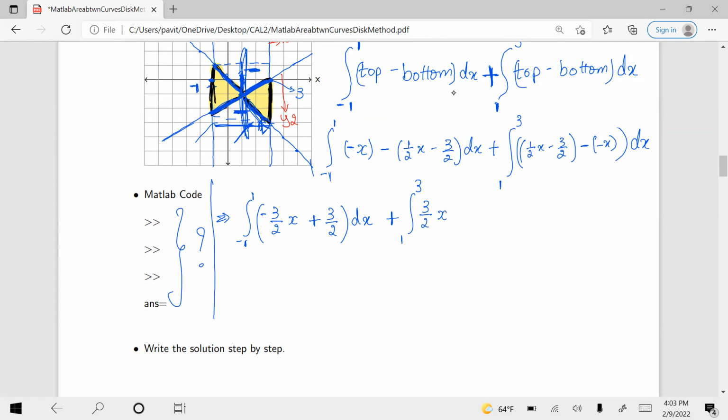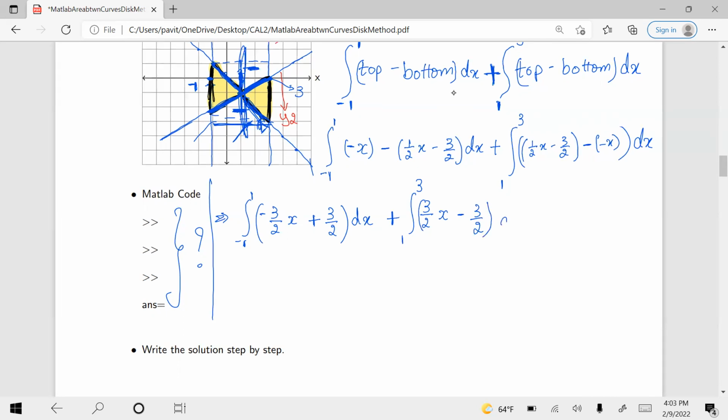Again, minus 3/2, into dx. I can elaborate this if you want to. This is going to be plus x, so we are just going to add these two and leave this negative 3/2 as it is.